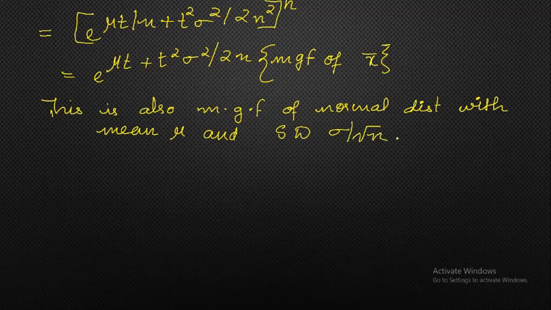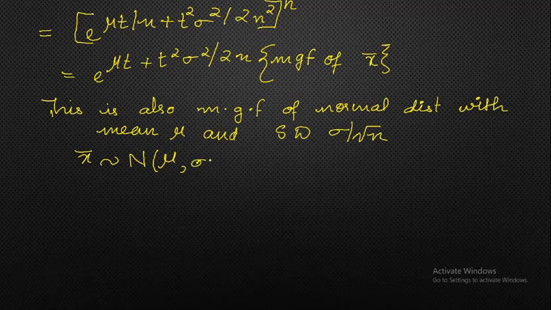So in short, x bar follows a normal distribution with mean mu and variance sigma square by n, that is, a standard deviation of sigma by root n.